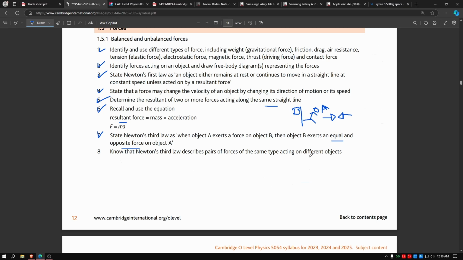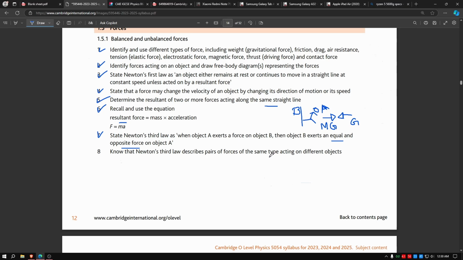So the force has to be of the same type, meaning if, let's say, you kick with gravitational force, you cannot expect to get a magnetic force to counteract you.